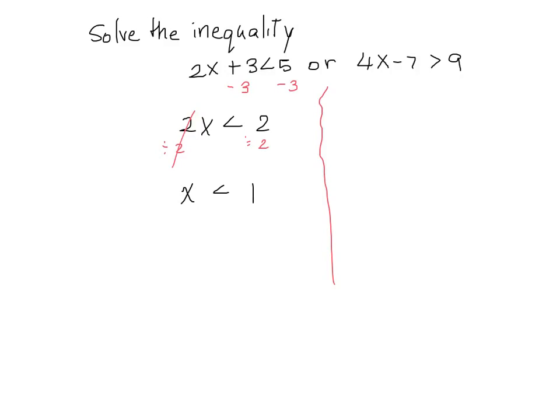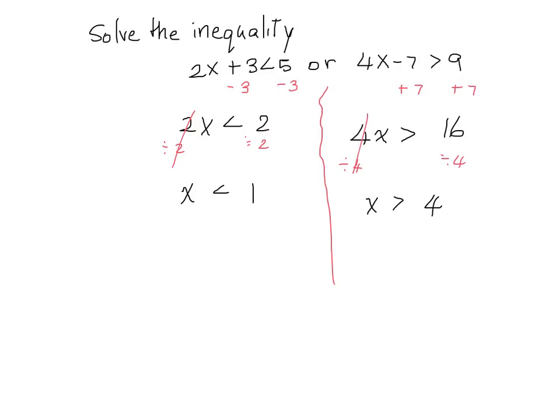Now that we've done the left side, we can go on to the right side and do the same thing to solve for x. We add 7 to both sides, and we get that 4x is greater than 16. We now divide both sides by 4, and we get that x is greater than 4.